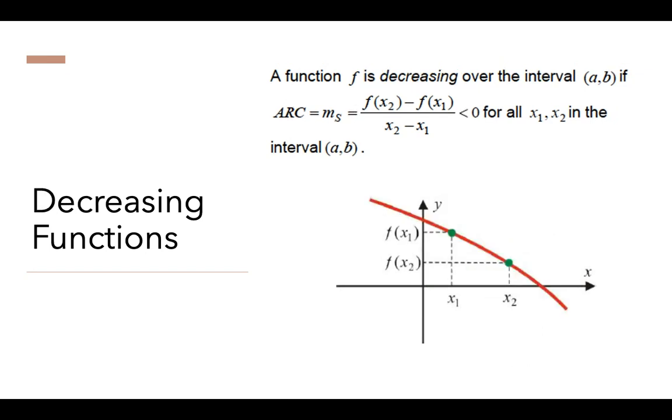On the other hand, if it's a decreasing function, the average rate of change is going to be less than 0, meaning it's negative at the defined domain. Again, as I'm going from left to right, the graph is going down, so the average rate of change is going to be negative.